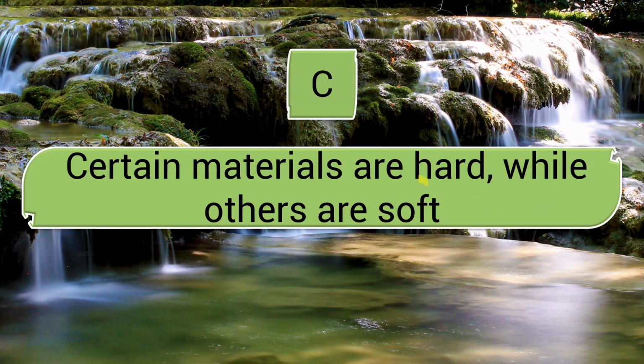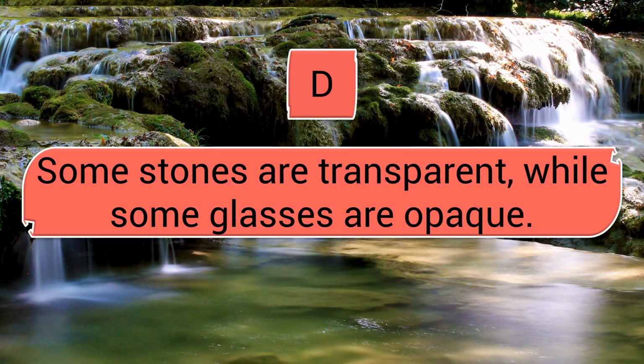Certain materials are hard while others are soft. Some stones are transparent while some glasses are opaque.